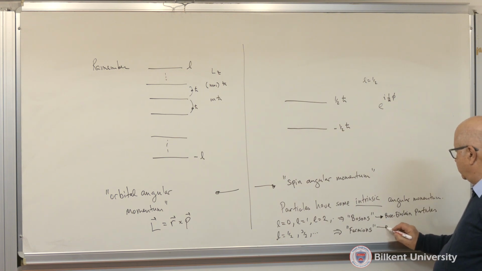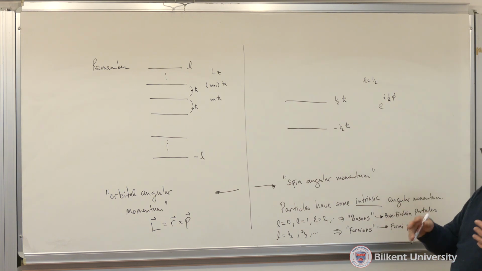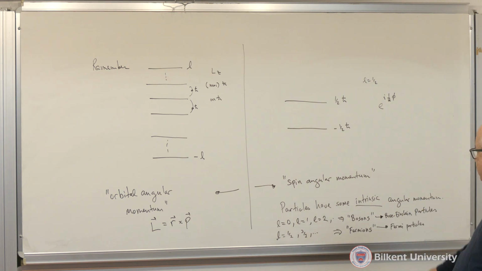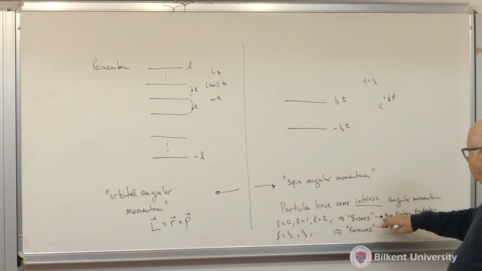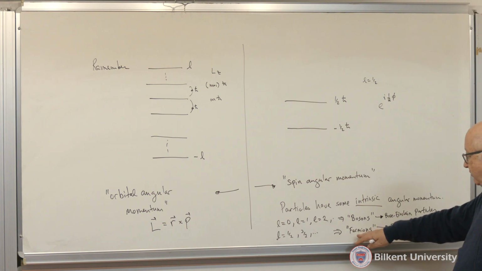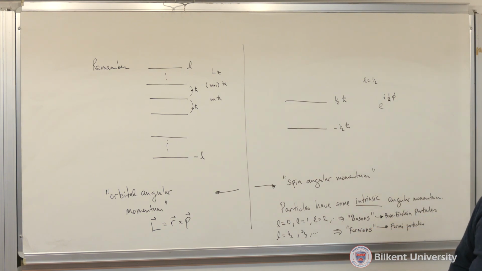And these are called Fermi particles. They obey different types of statistical behavior. Bosons obey Bose-Einstein statistics, and fermions satisfy Fermi statistics. We'll see what those are.